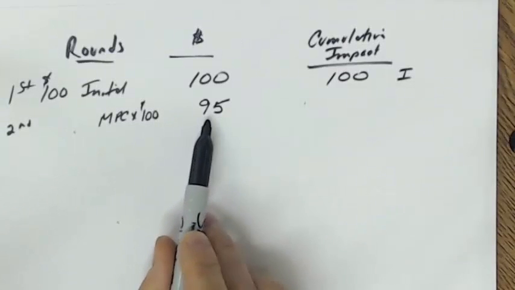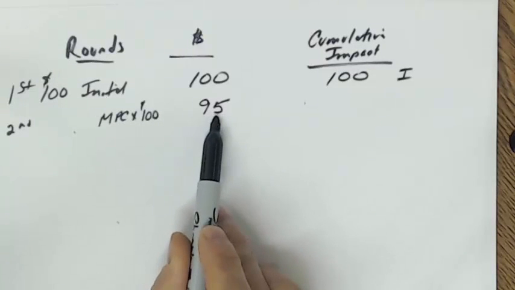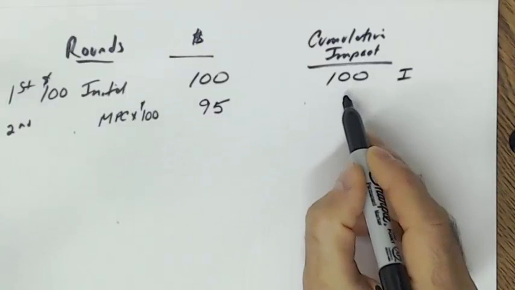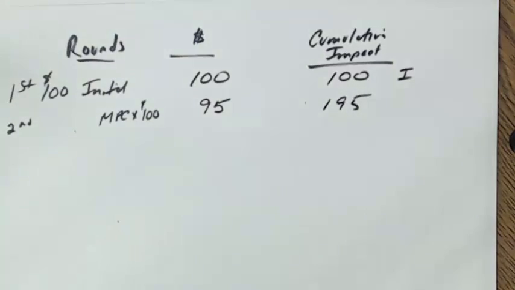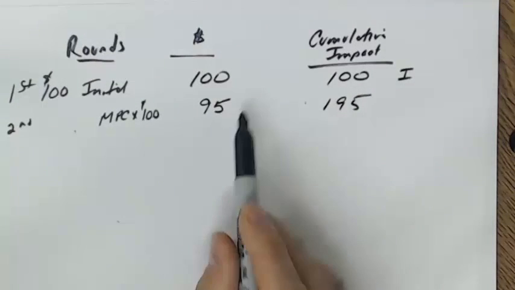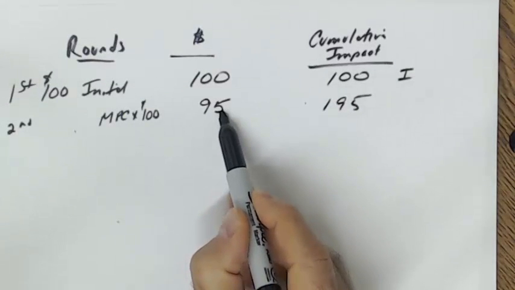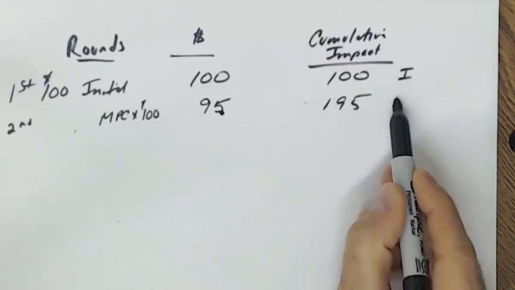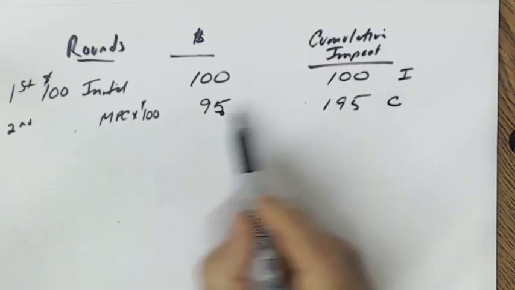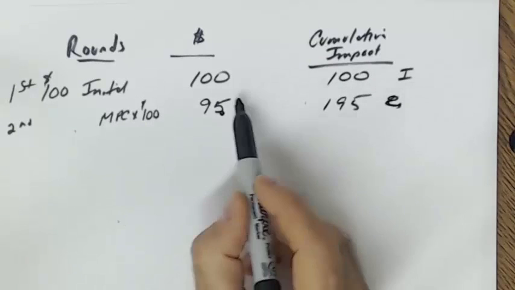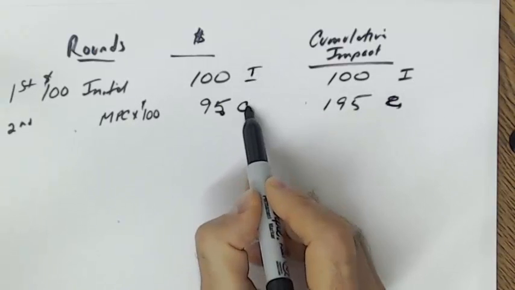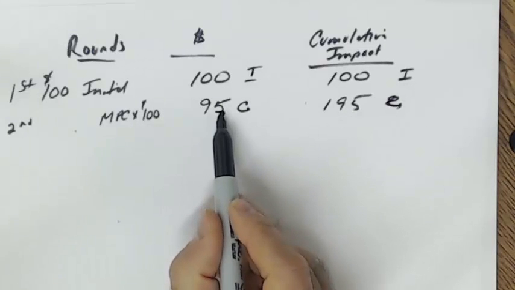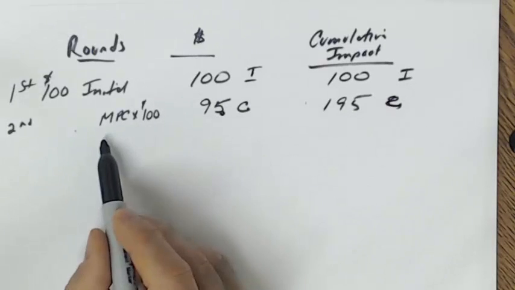That means this round will have $95 of spending, and cumulatively we will have $195 in economic activity. Oh, and by the way, this component is consumption. I should put the I's and the C's here: investment, consumption.